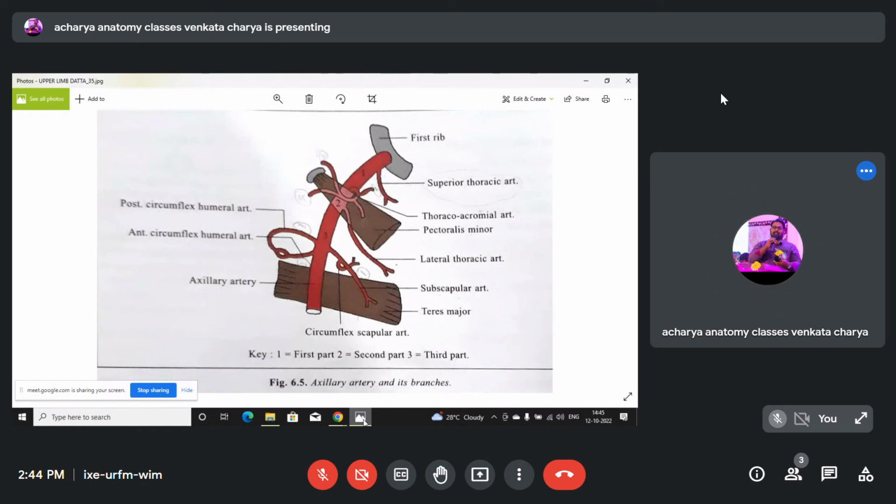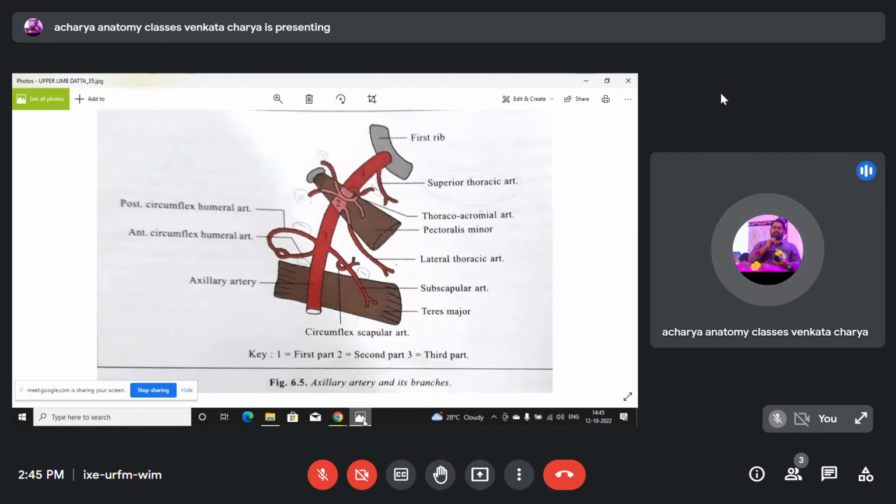Next, the third part gives anterior circumflex and posterior circumflex, and another one is the subscapular artery.